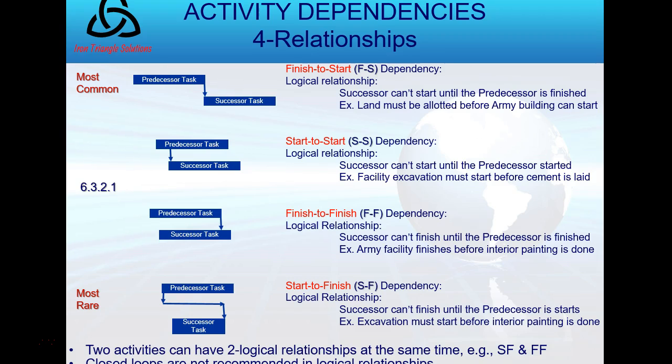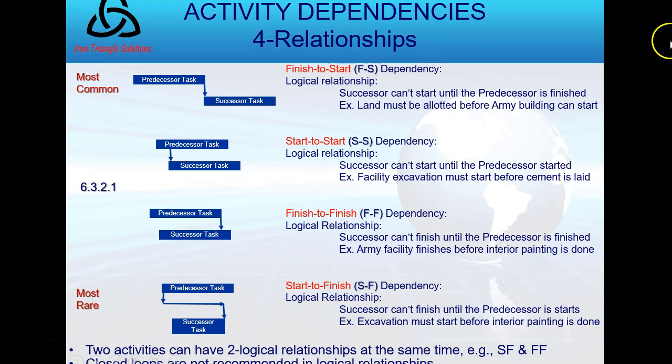Finish to finish dependency. In this relationship, the successor can't finish until the predecessor is finished. The predecessor wants to finish, and the successor can't finish until the predecessor does. Then there's start to finish, which is the picture there, and the successor can't finish until the predecessor starts.